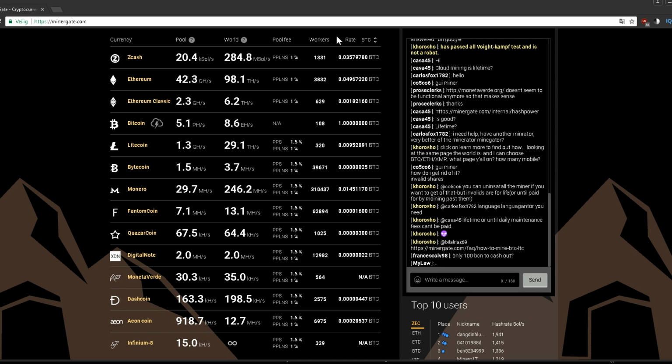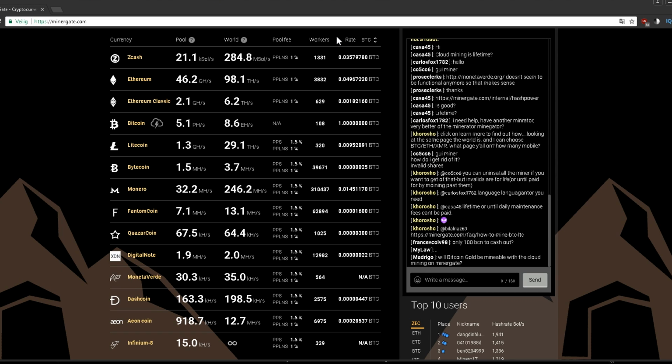If you are using the Minergate client on those two computers, and you're mining with the CPU and GPU in one program, it will show you as two workers total. You have two systems, and you have 2 programs running, so you have 2 workers. However, if you have, for instance, the Minergate app running on your CPU, and you have another console miner running next to it, it will be 2 workers on one system.